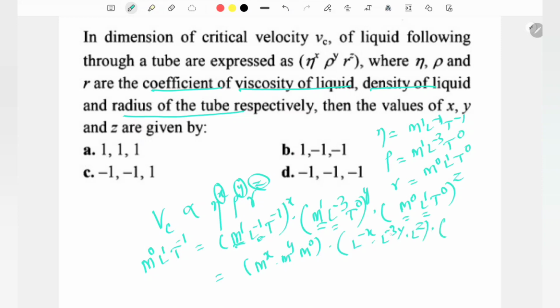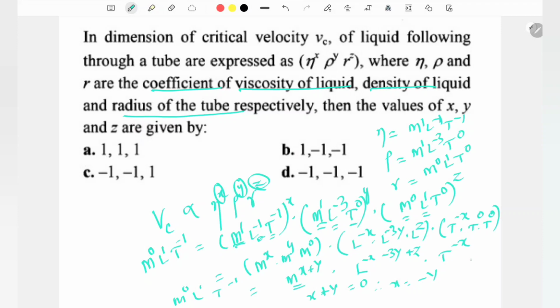And simplifying the T terms, T power minus x, T power 0 and T power 0, which is equal to M power x plus y into L power minus x minus 3y plus z and T power minus x. When the bases are equal, the powers are also equal. Therefore x plus y is equal to 0. Therefore x is equal to minus y.